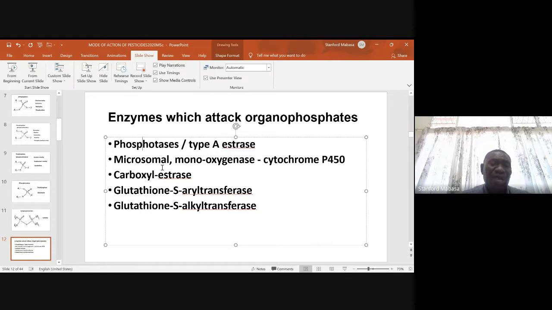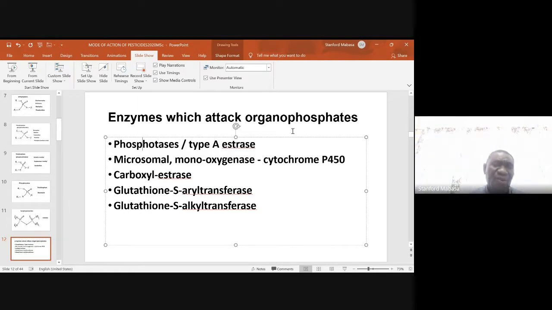We have also carboxyl esterase, which acts on the organophosphates. We have also glutathione S-aryl transferase, then glutathione S-alkyl transferase.